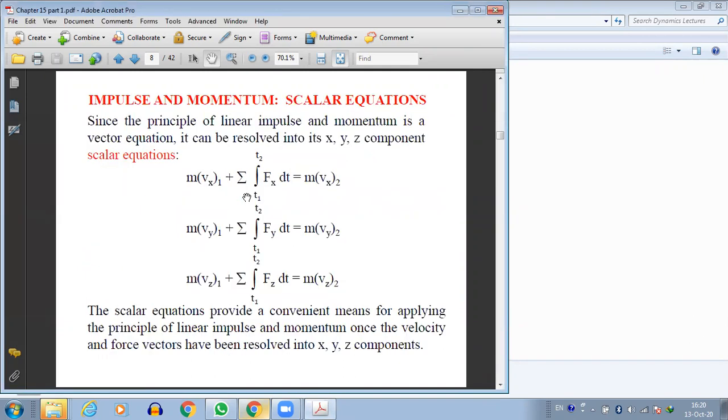Now, since velocity and force are both vector quantities, we can write it in terms of Cartesian coordinates. So we can have mvx1 plus summation integral of Fx dt equals mvx2. Similarly, in the y coordinate system, we can write, and similarly in the z coordinate system. So that one equation could be split into three equations if you want to do it in Cartesian coordinate systems.